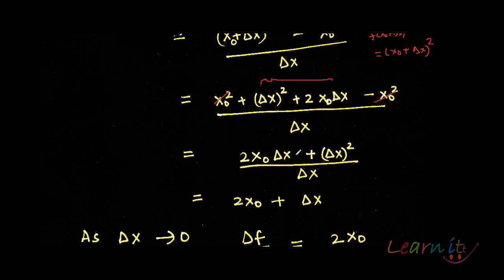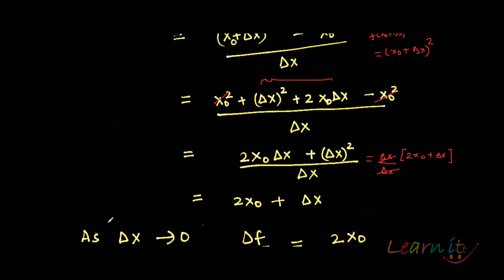Once I take out change in x common, what remains is 2x naught plus change in x. The change in x cancels out, so 2x naught plus change in x would remain.